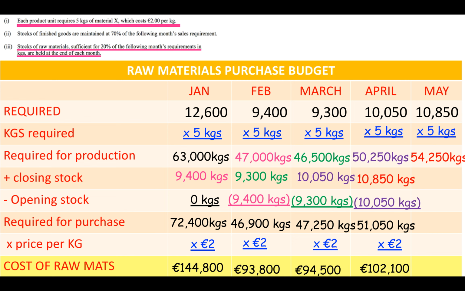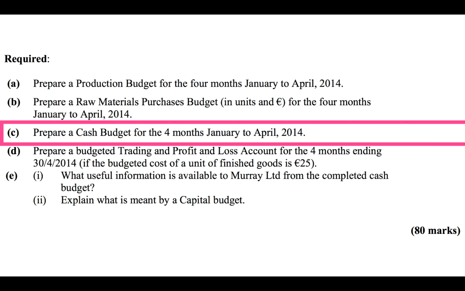So multiply that all by €2, and then you get the cost of raw materials. So January 144,800, February 93,800, March 94,500, and April 102,100. So that is part 2 complete, the raw materials purchases budget.